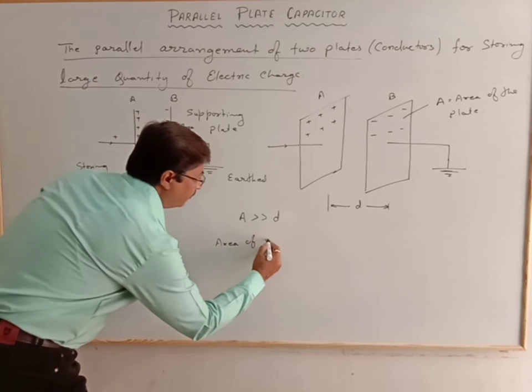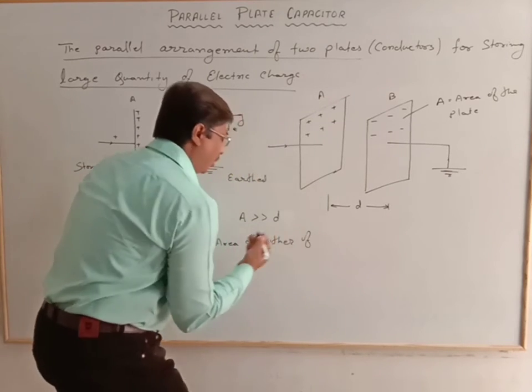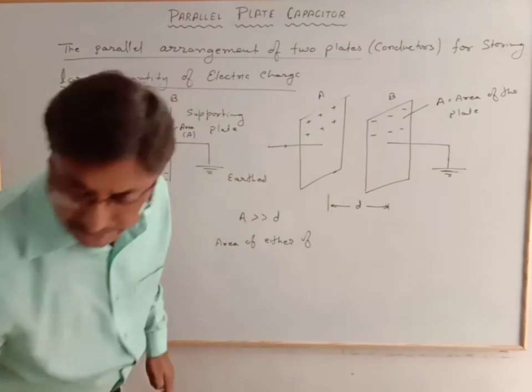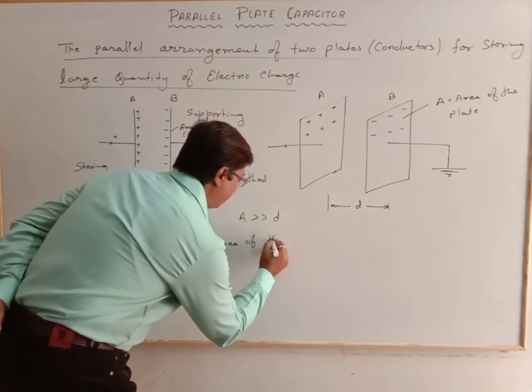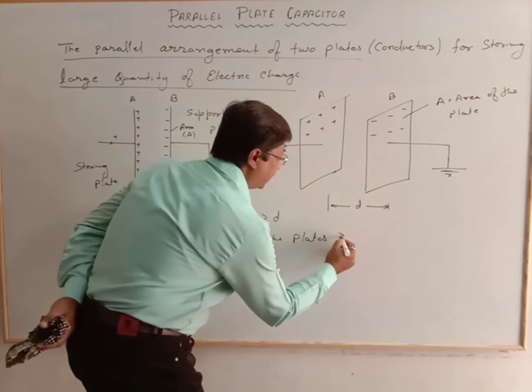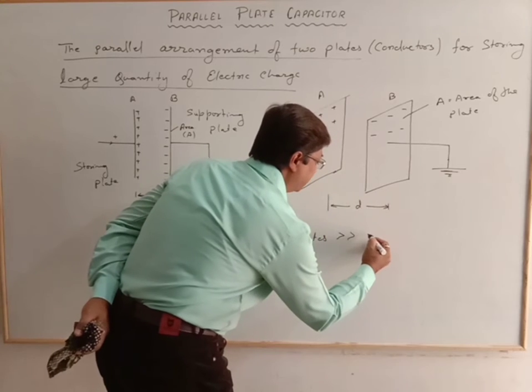So the area of the plate A is much greater than the distance between the two plates, or the separation between the two plates.